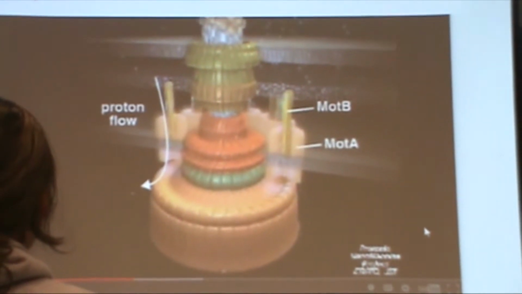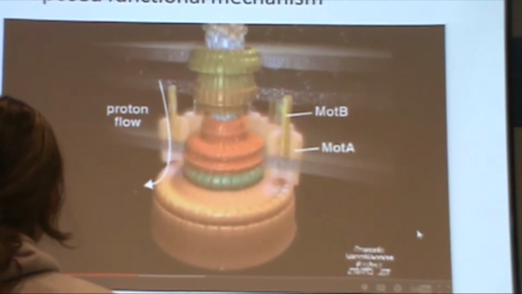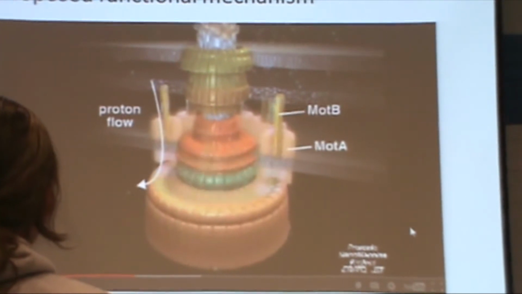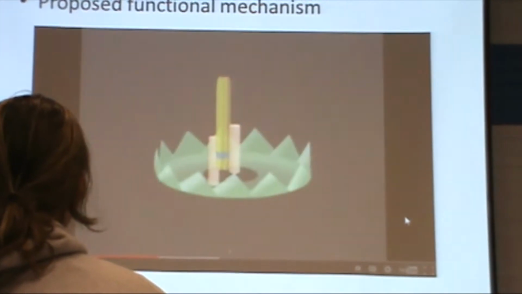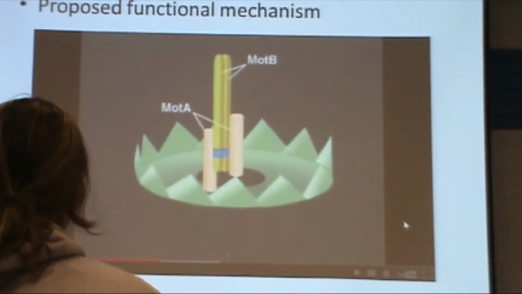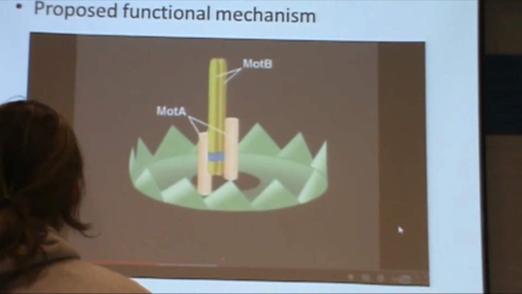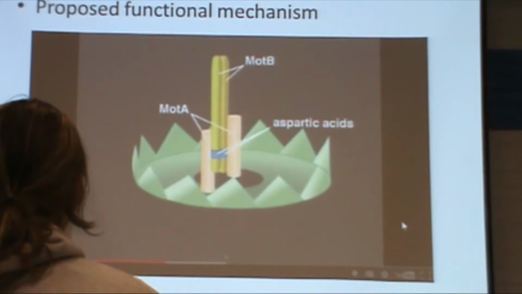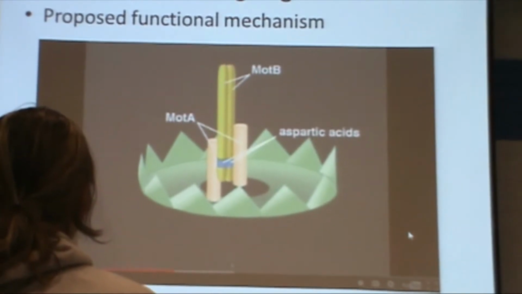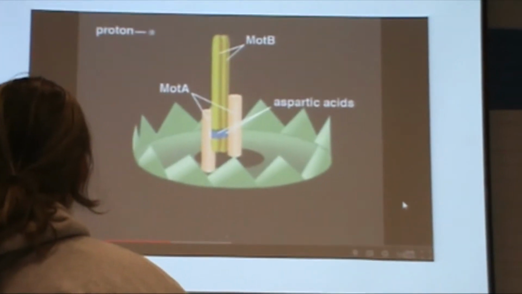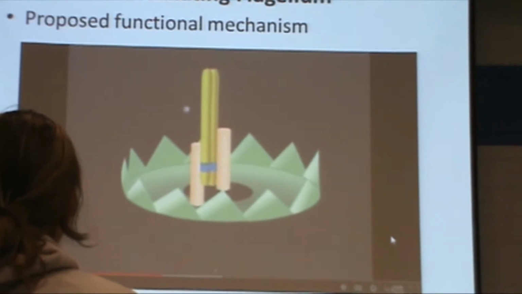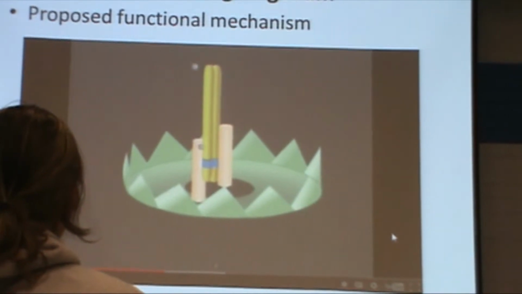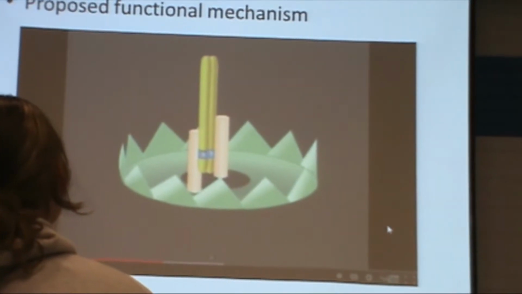Mutational studies suggest that a conserved aspartic acid in MotB functions in proton conductance. Each stator contains two MotB proteins, and therefore also contains two of these important aspartic acids. Although the molecular mechanism of rotation is not known, one possible model describes protons moving through the channels in the stators and binding to the aspartic acid in the MotB proteins.